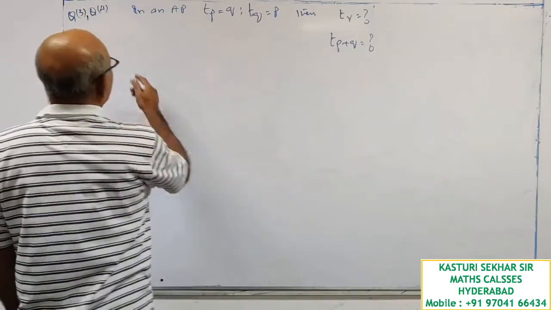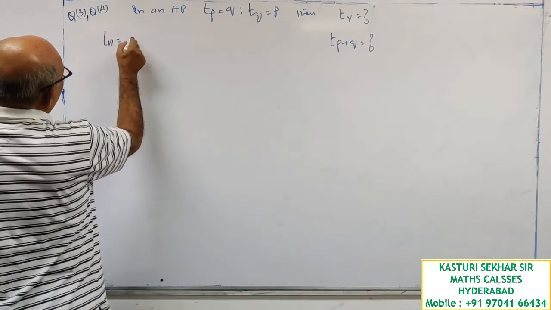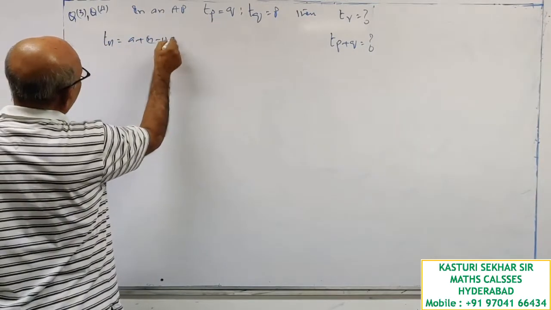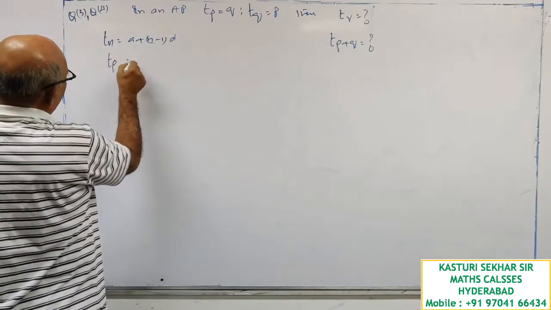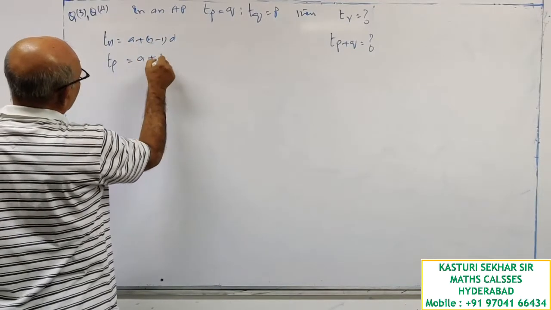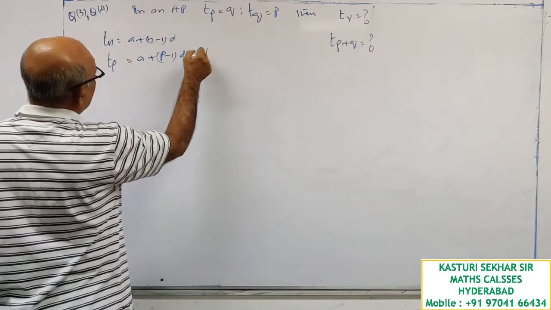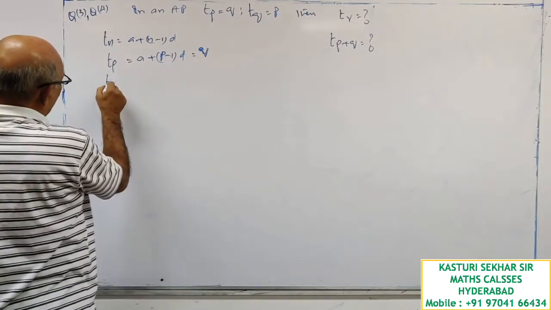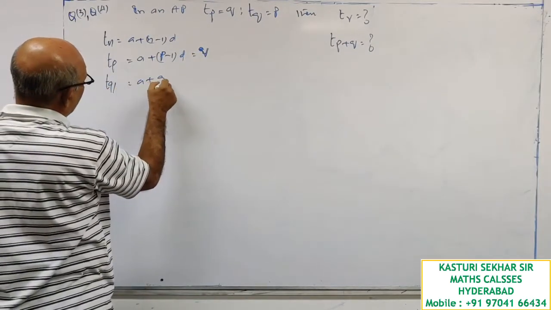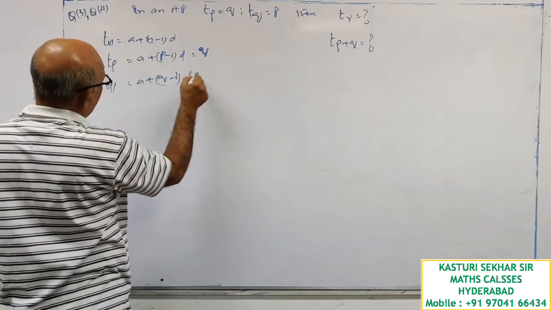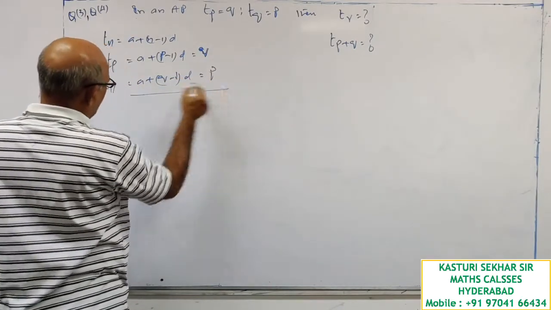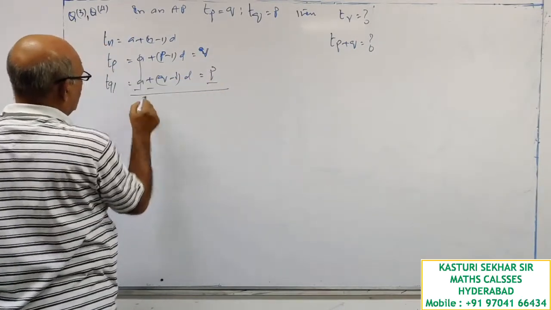Now look at this. Tn is equal to a plus (n minus 1) into d. Tp is equal to a plus (p minus 1) into d; this is q. Tq is equal to a plus (q minus 1) into d; this is p. Subtract one from the other.